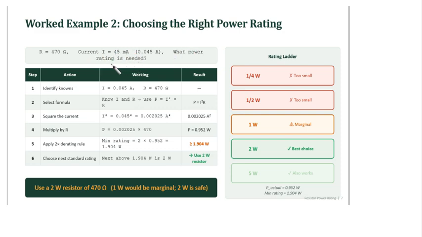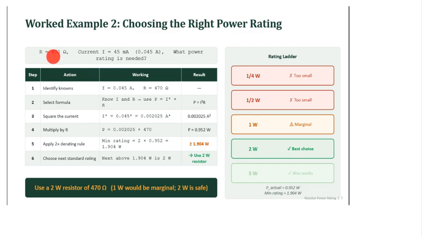So in a circuit, the resistor is 470 ohms, the current flowing is 45 milliamperes. You are now asked to choose the resistor for this circuit. You're supposed to choose a resistor that will suit this purpose. Of course, there's a resistor already, but which power rating are you going to use?